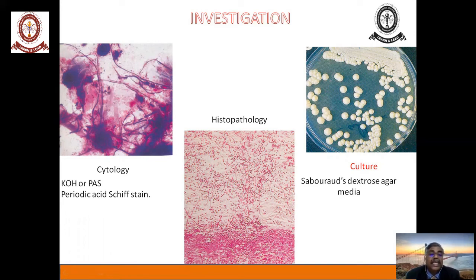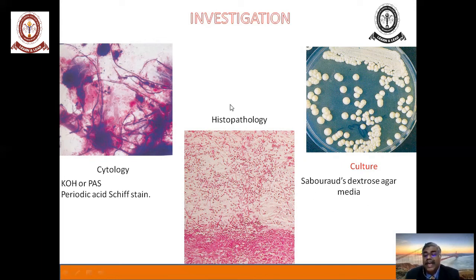You will be able to see the hyphal form that appears as filaments, and you will also be able to identify the yeast form which appears like a dot. And this is the appearance of silvery pearly white colonies of candida in Sabouraud's dextrose agar media.